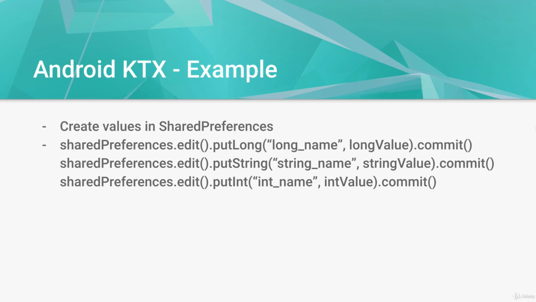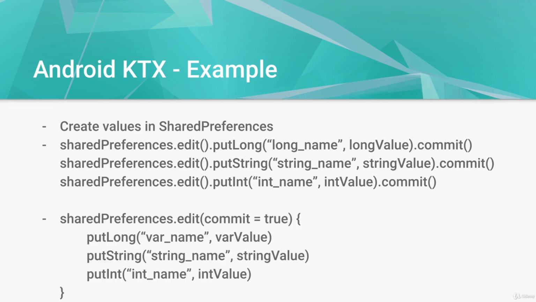Now, what KTX allows us to do is group these operations together and only edit the shared preferences object once and then commit all of them simultaneously. So we can write something like this. We can edit with commit equals true, and then we can put the long variable, the string, and the int variable all in the same lambda block, without editing the object multiple times.